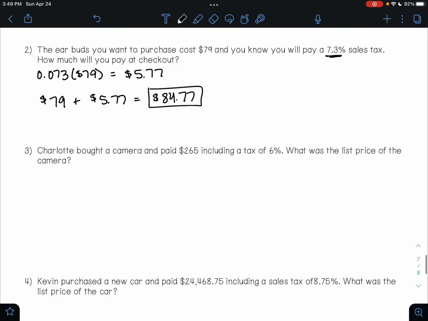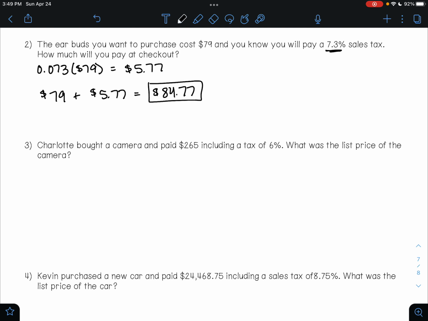Example 3 says Charlotte bought a camera and paid $265, including a tax of 6%. What was the list price of the camera? So let's think about this. The list price plus the sales tax equals the total price.